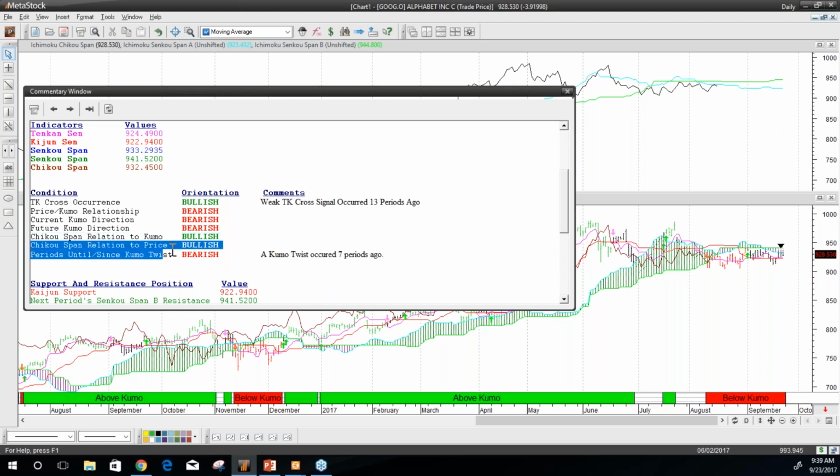And then of course the Chikou span's relation to price as well, whether the Chikou span is above the price, is the one we were just talking about. This one is about its relationship to the Kumo, where the Chikou span is above or below the Kumo itself. And so those are all added together to let us see very quickly what kind of condition the market is in.